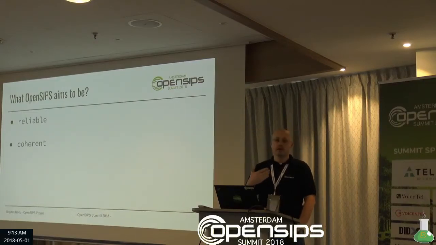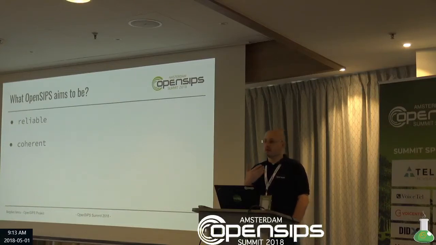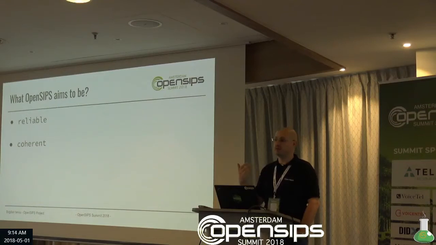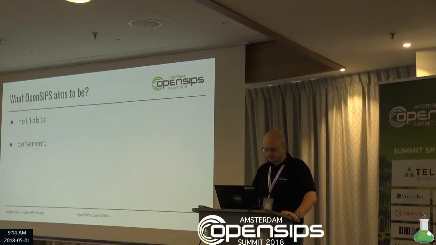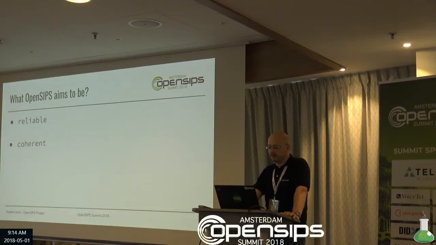For example, we were already talking about what we want to do in the next release, in the 3.0, even before releasing the 2.4. Because in our perspective, everything has to make sense and to be consistent in terms of development.